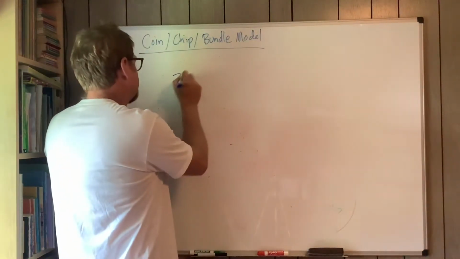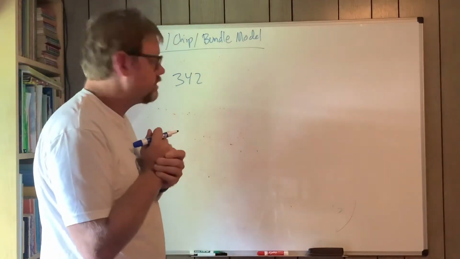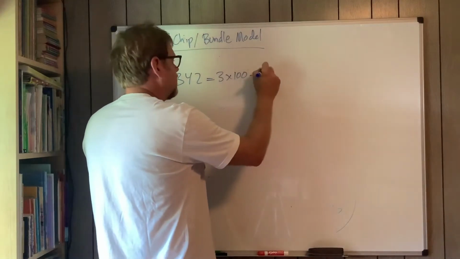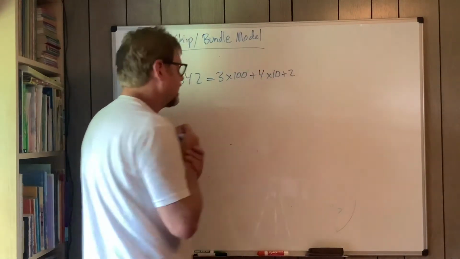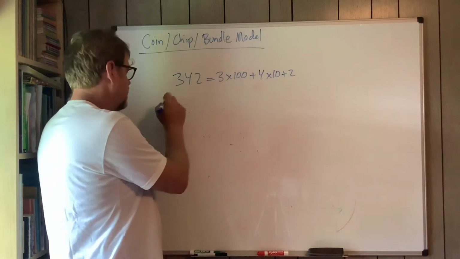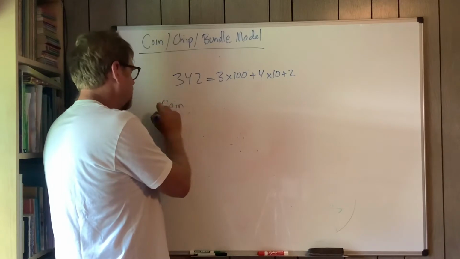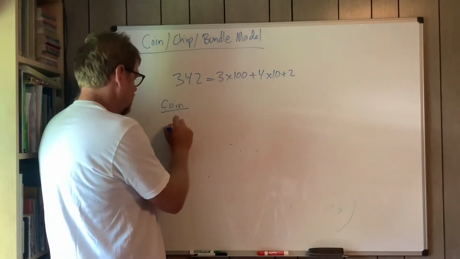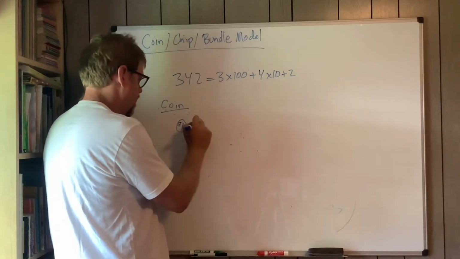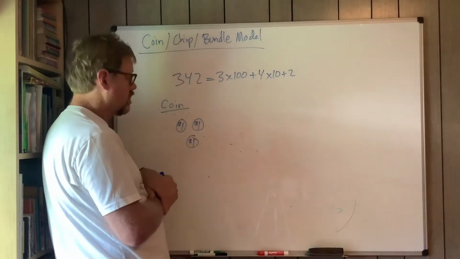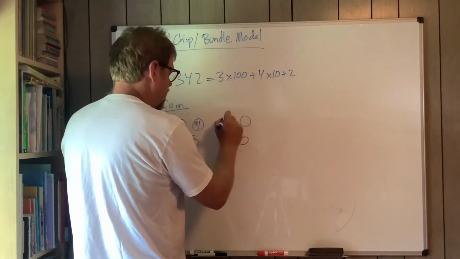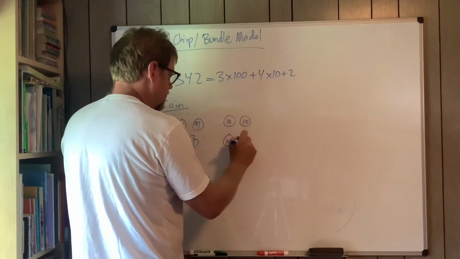Let's say I have the number, say 342, which again we think of in place value terms like this. And so the coin model, let's start with the coin model since I wrote that first, would be 1, 2, 3 dollar coins, and then 1, 2, 3, 4 10-cent coins.